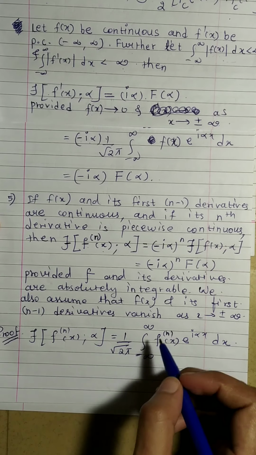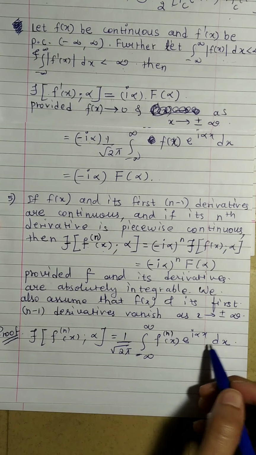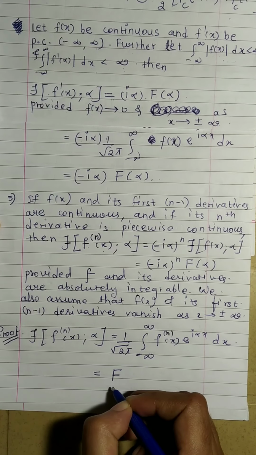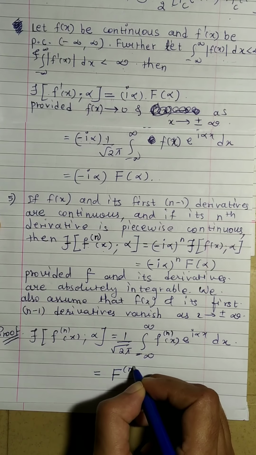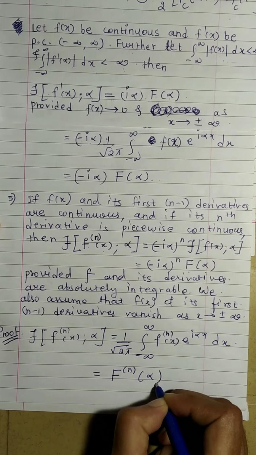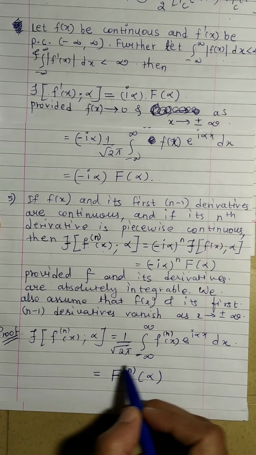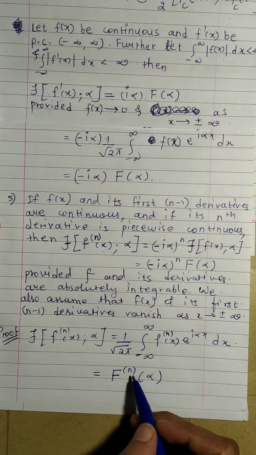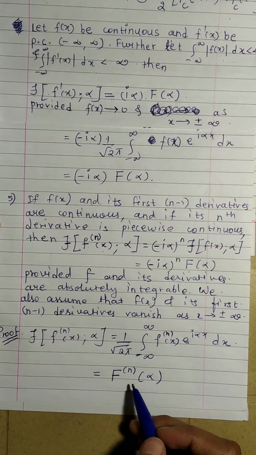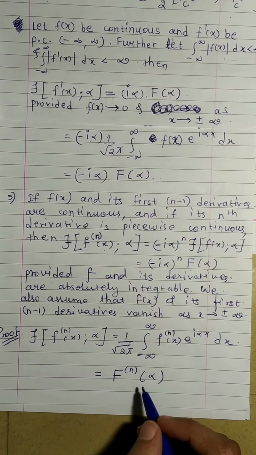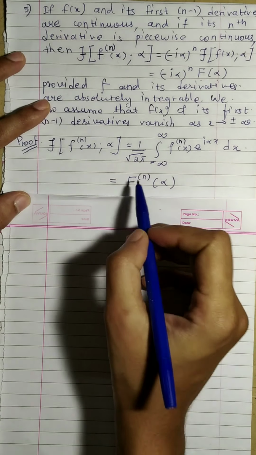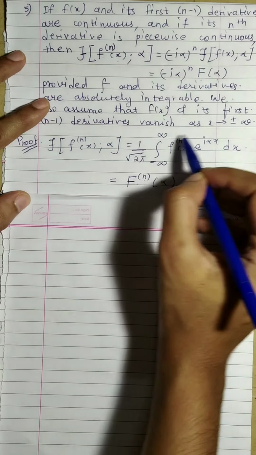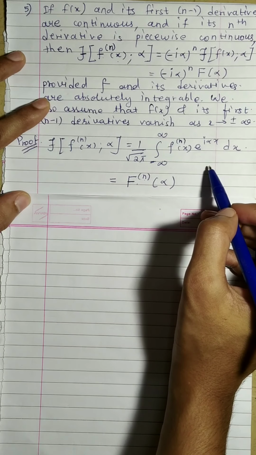So this will denote the Fourier transform of the nth derivative of the function f of x. Now let us use integration by parts for this.